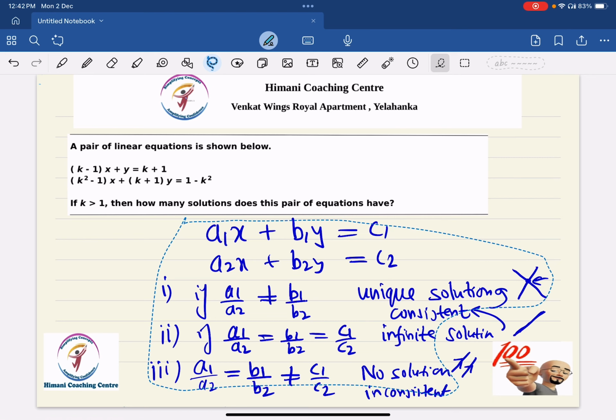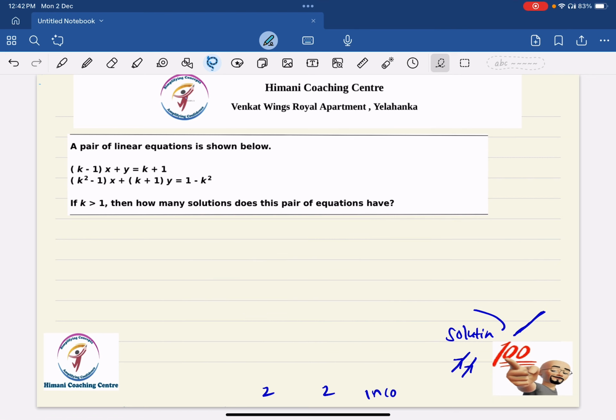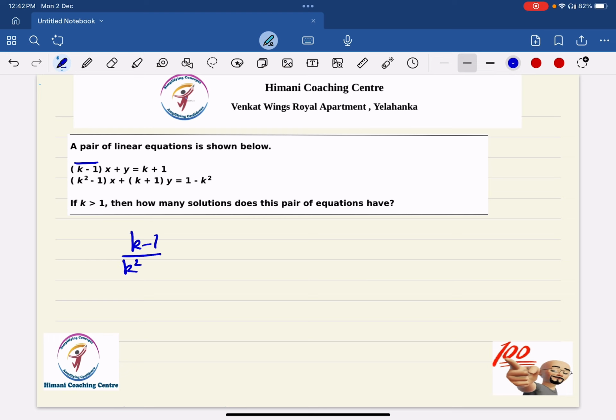Now let us look at this particular question and try solving it. If I want a1 by a2, what is a1 here? a1 is k minus 1 and what is a2? It is k square minus 1. So what have I done? I have done a1 by a2. Let us solve this.